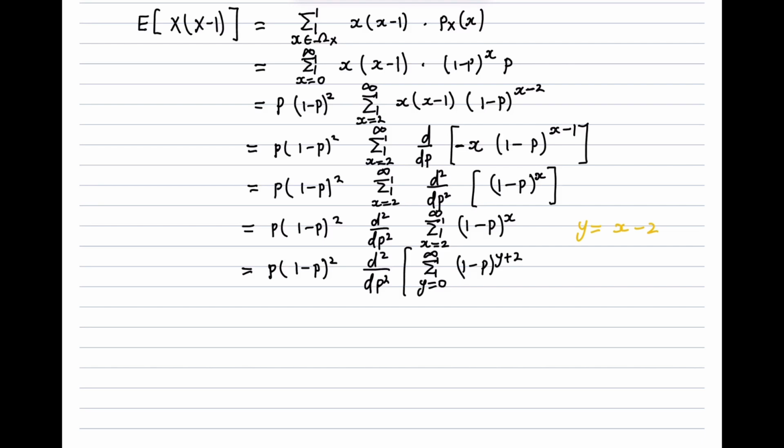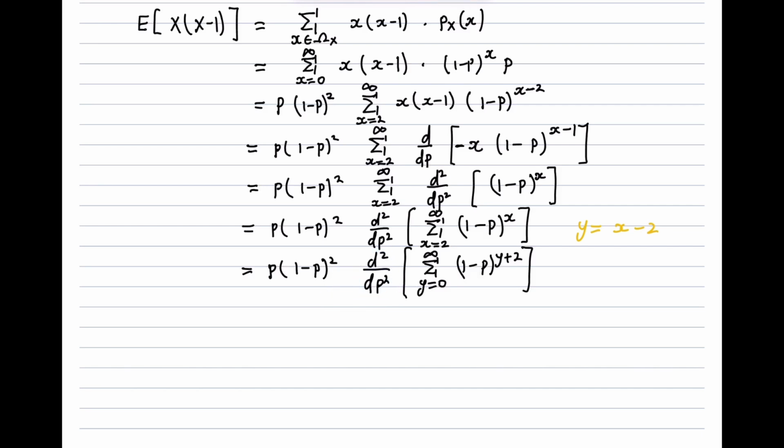Then, of course, that's taking the second derivative of all of that. And let me be clear that you're taking the second derivative of all of that. Then the (1 minus p) to the power of 2, we can take out the front of the summation. We can't take it out the front here because we're actually taking a derivative.